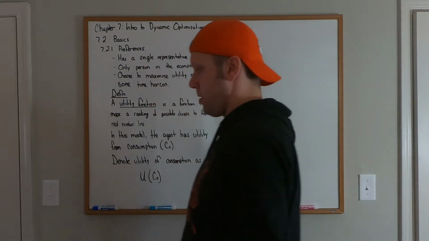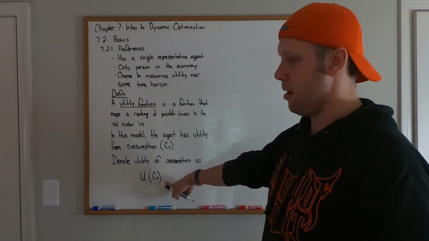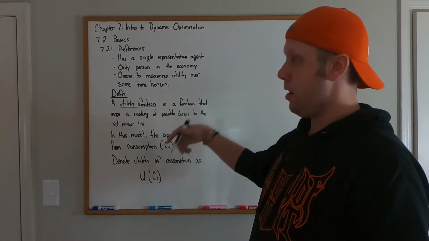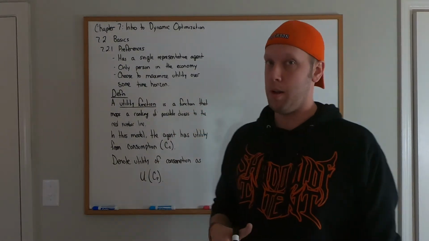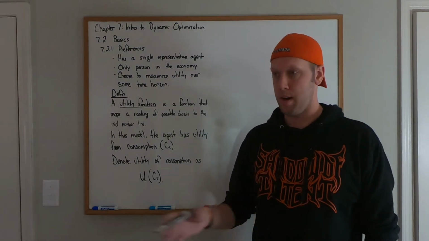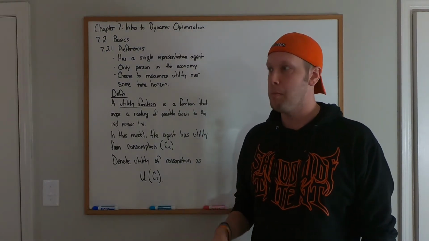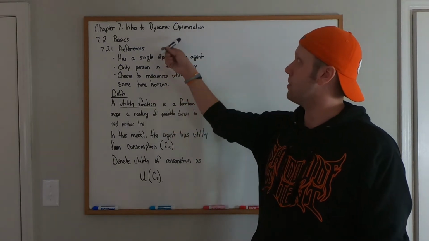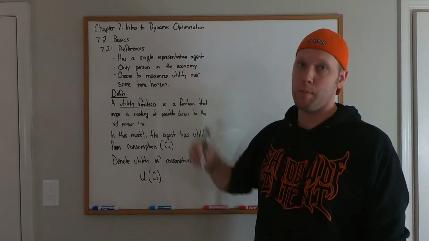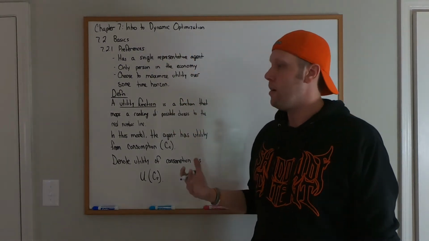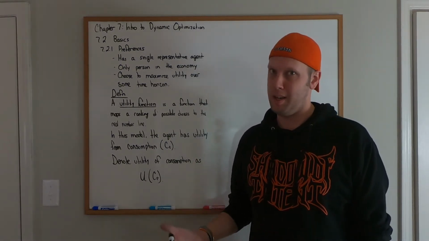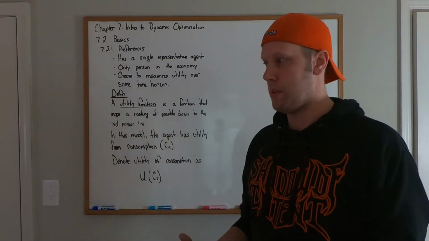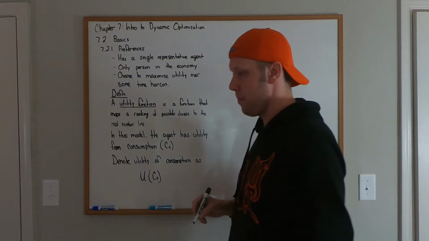Now, this utility function can take on a number of functional forms. So there's not just one function that it's going to take. Now, there is one that it's going to take in this class that is used throughout this course. I want to make it easy on you. It's important to me that you learn some of this stuff because this is what actual macroeconomics uses. But I don't want to overburden you with a bunch of mathematics that you really just don't need to know, especially for this level of this course, right?